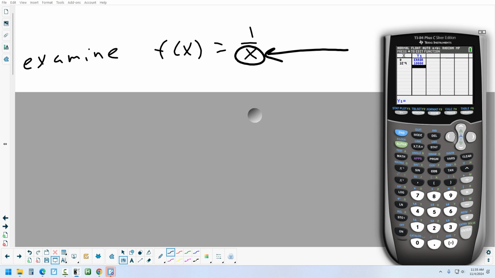What's another number that's very close to 0, but on the other side? So that's on the positive side. Negative 0.0001. So on the other side, we're at negative 10,000.